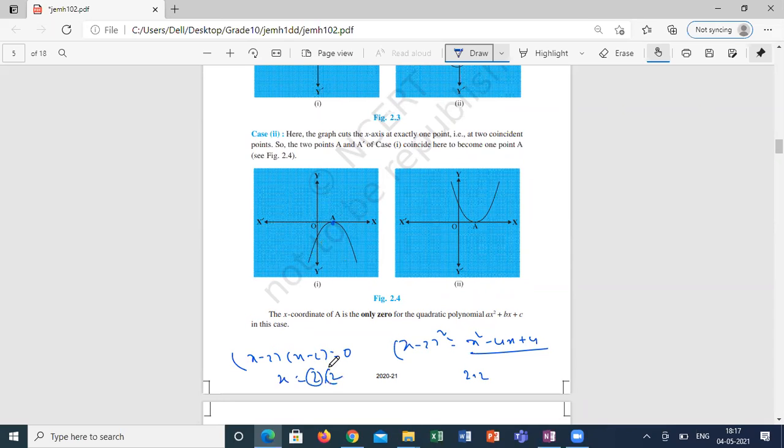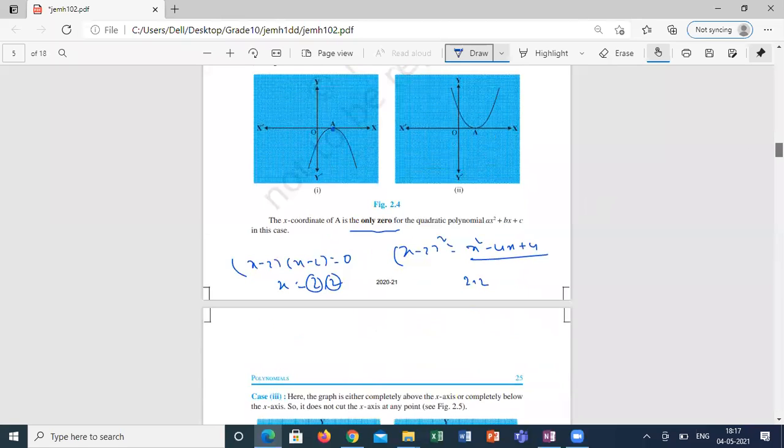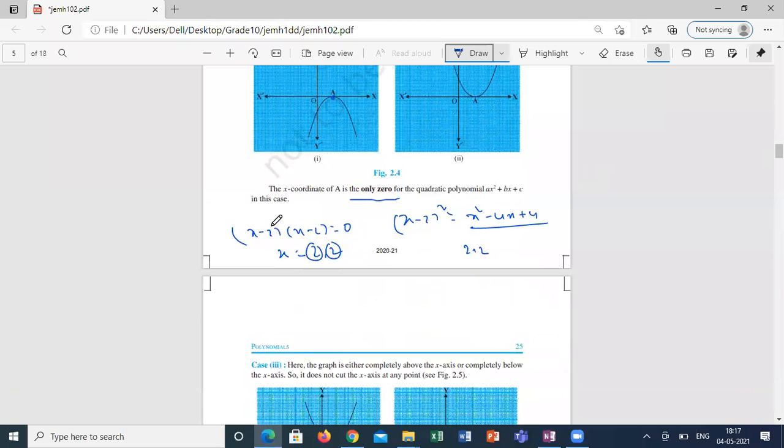That means it is having same zeros. Got it what I am saying? Yes, sir. Then if it is touching only at one point, even though it is curved, here also I can say there are 2 zeros, but both values are the same. If I say alpha, beta are the zeros, they should be equal to a single value if it is touching only at one point.